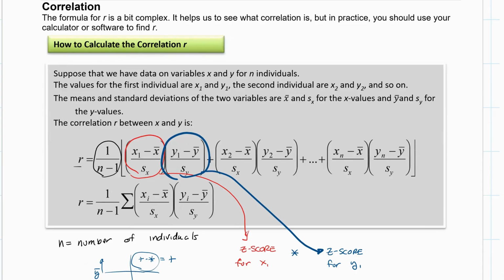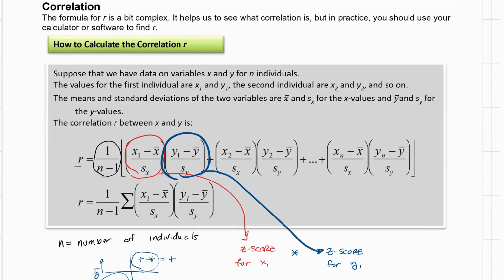If we're down here, we have a below average x multiplied by a below average y. We get a negative times a negative, and we end up getting a positive value. So essentially, if we have double above or double below, we end up getting a product that only returns positive values, which is one of the reasons why that R is positive when there's a positive association.